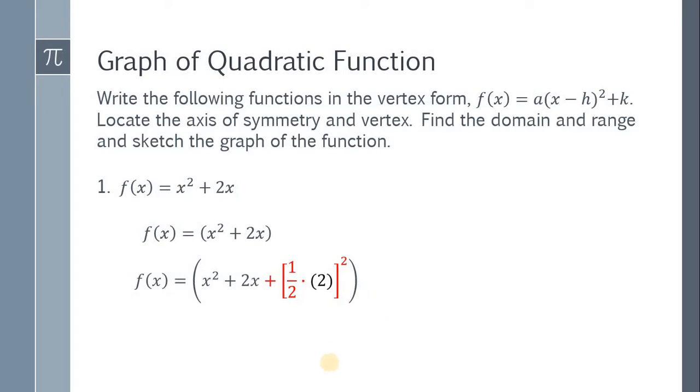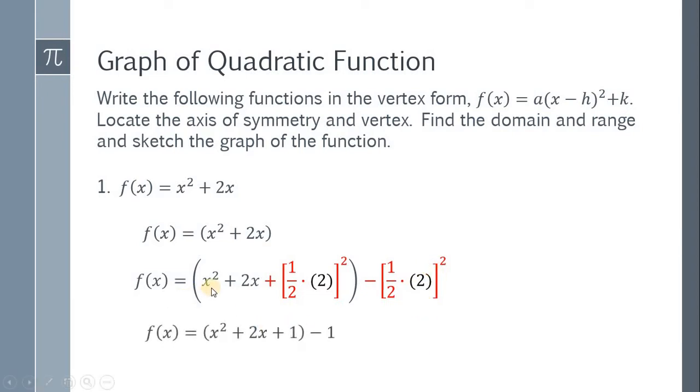To make it balance, since nag-add tayo, kailangan din natin mag-subtract para ma-eliminate natin kung ano man yung in-add natin. Okay? So, nag-add tayo ng 1/2 times 2 then squared. So, kailangan din natin mag-subtract ng 1/2 times 2 and then squared natin. Next, simplify.